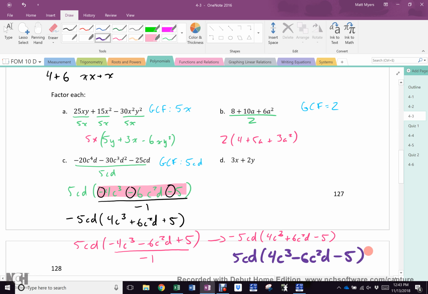Would you change that purple one? Why? Because there's no negative at the front. And I remind you, this is a convention. We do this for looks, or if we need to change the looks of something. Everybody cool?